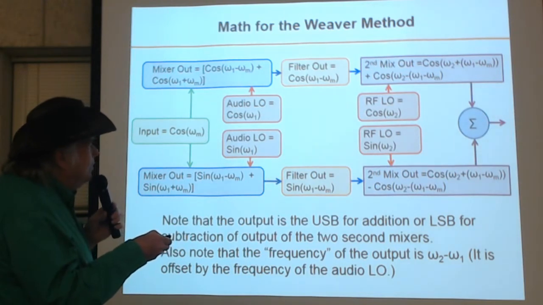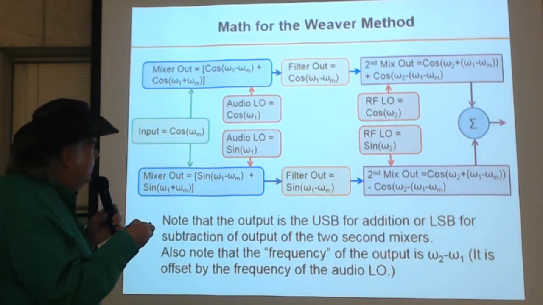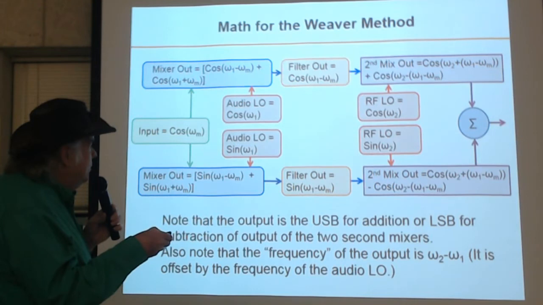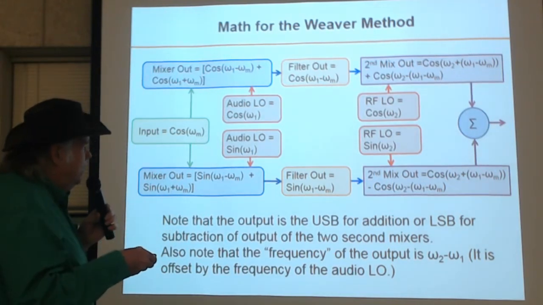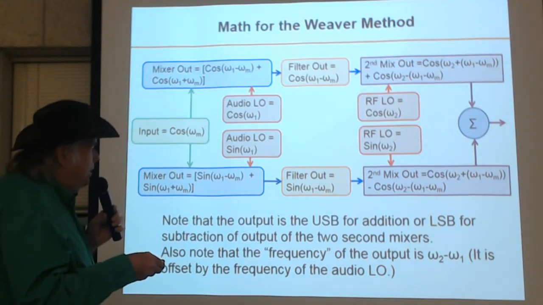So I get basically an upper sideband of this cosine signal here, basically my omega 1 minus omega m, modulation with this first LO, and I get the lower sideband, which is this minus this signal here. And again, this one gives me the cosine of the upper sideband here in minus.